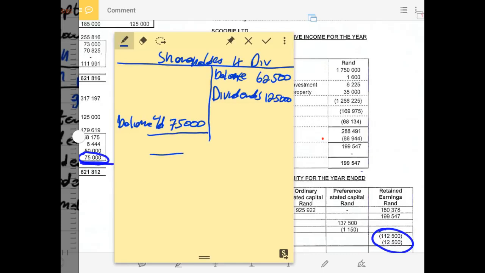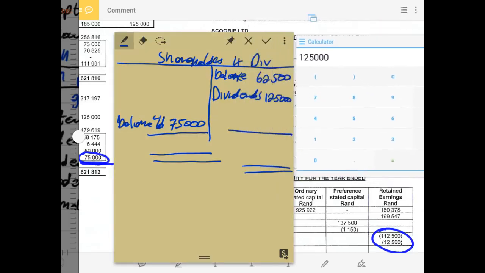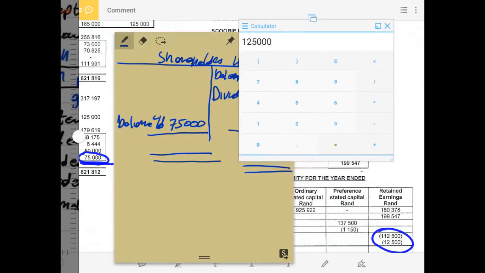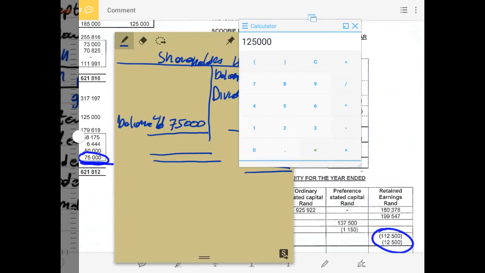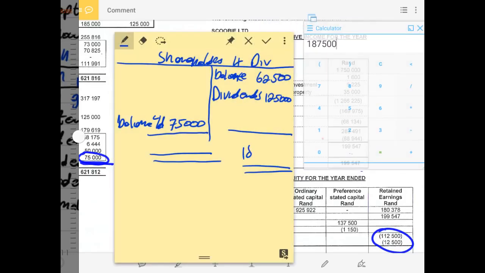Then after, we draw two lines to balance this ledger account. The credit side will be 125,000 plus 62,500. That will give us 187,500. So now that means our credit side is bigger.